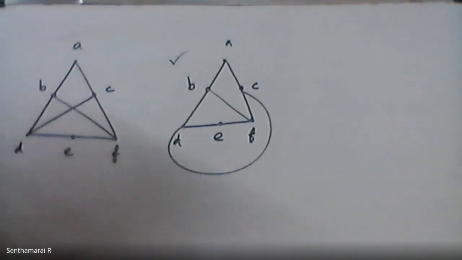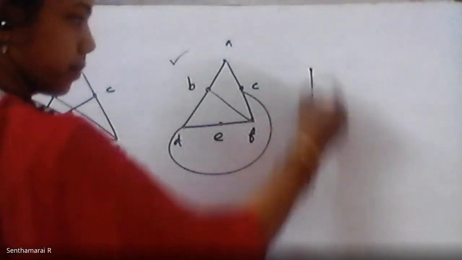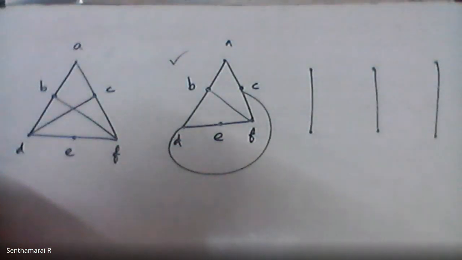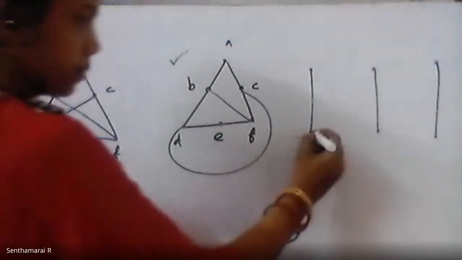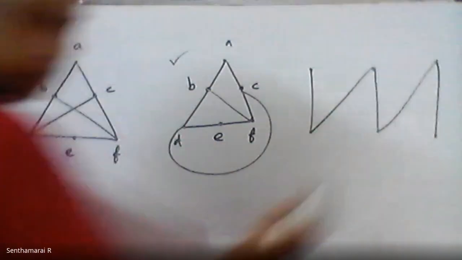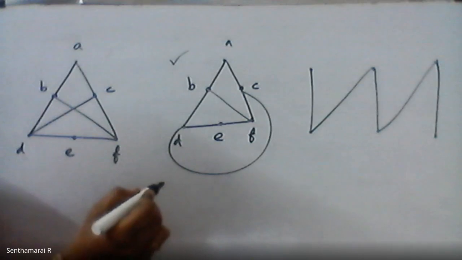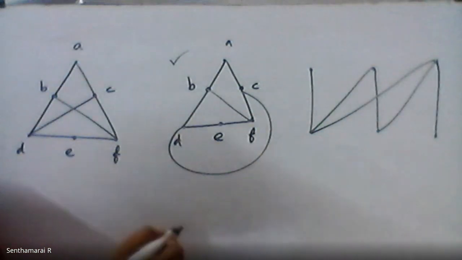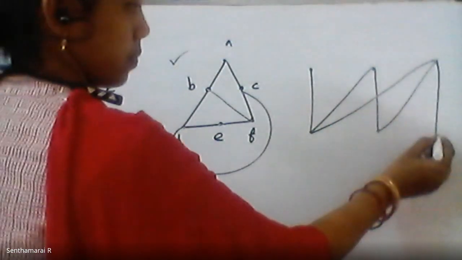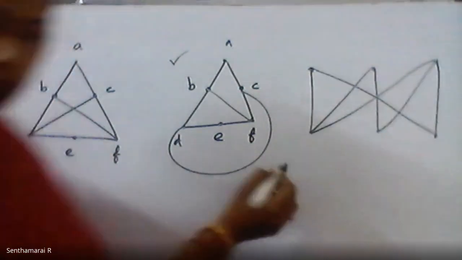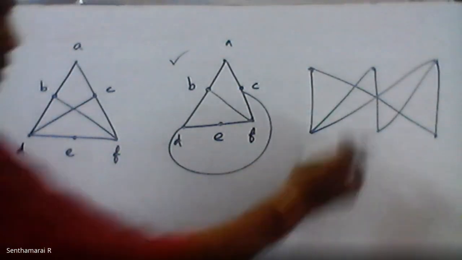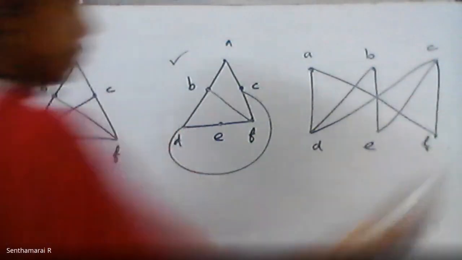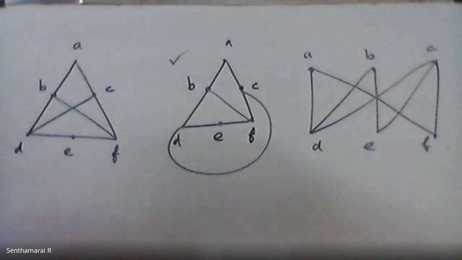What about this graph? You try and then tell me. We don't have a vertex here. We have only 6 vertices. So try this.